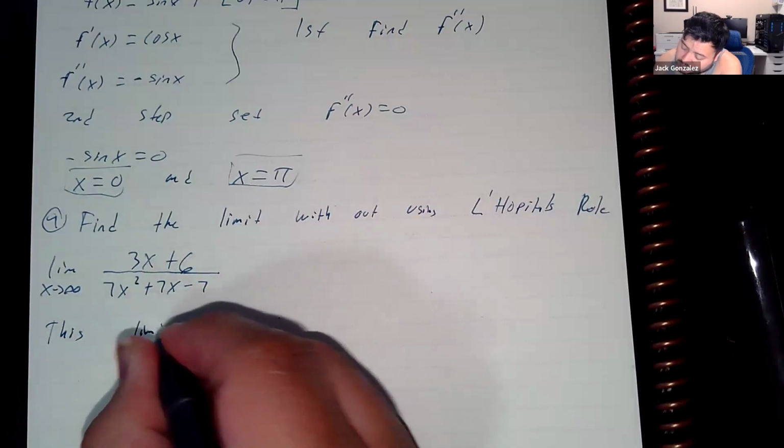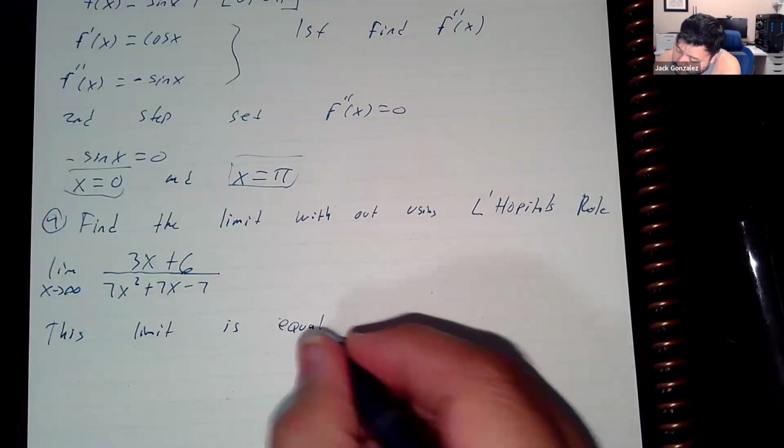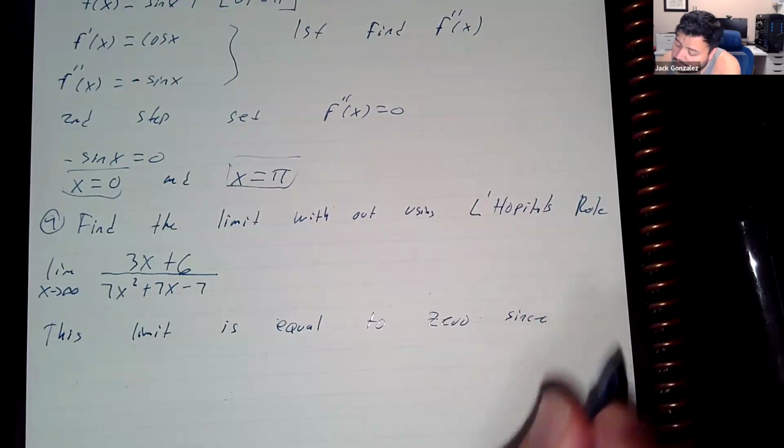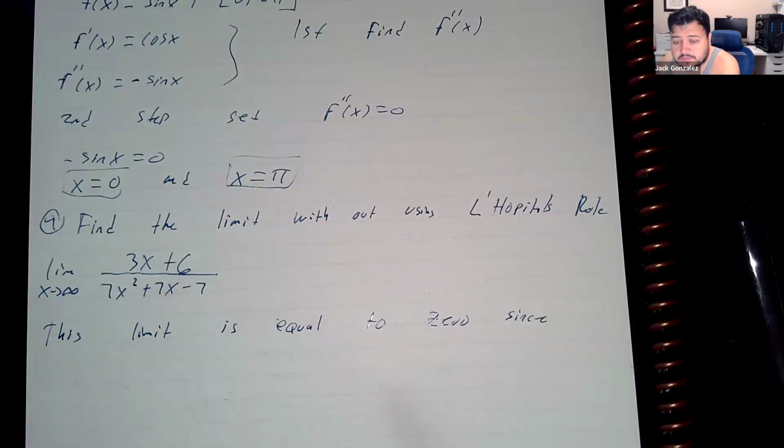I think we can explain ourselves. Since the denominator grows faster than the numerator, the limit is equal to 0.